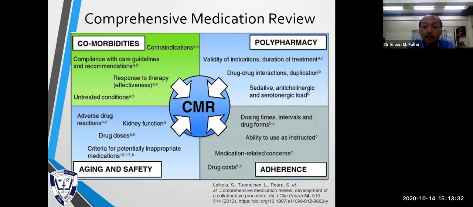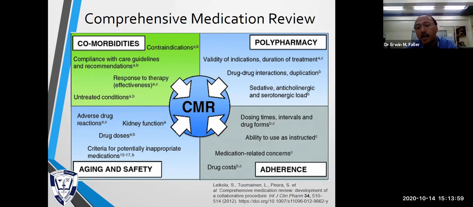We have criteria, for example, the Beers criteria, for the geriatric appropriateness of certain medications. So it looks into the safety and, of course, depending upon the age, the vulnerable groups are usually geriatric and pediatric patients.